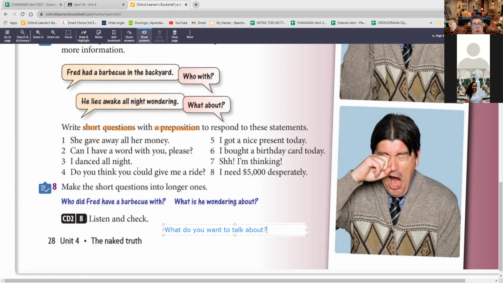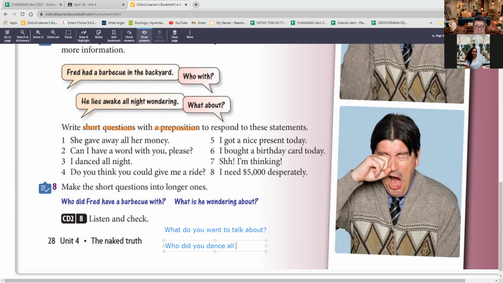I danced. Okay. I danced all night. Our question was who with? So we would say, who did you dance all night with? Or who did you dance with? Could be, okay?